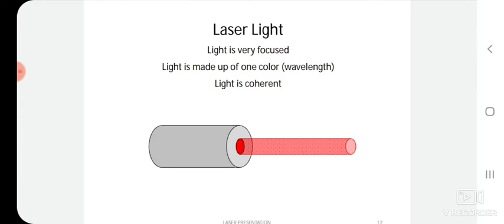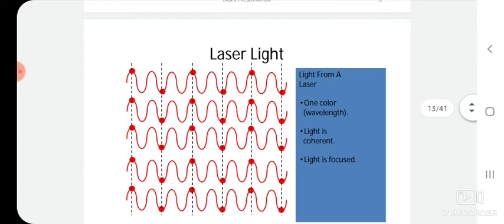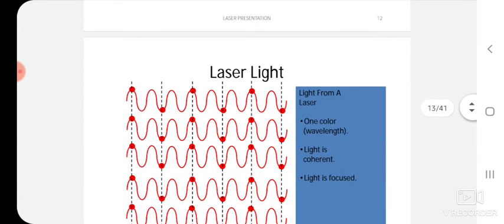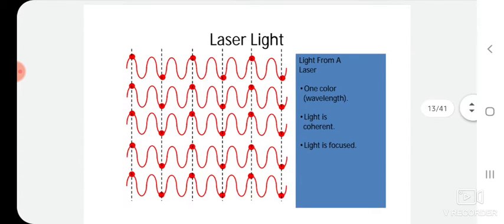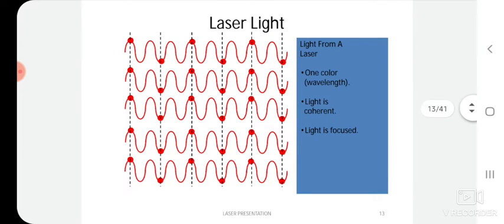And the next point, in case of laser light, it has only one wavelength, and it is a coherent source, and all light is focused on a single point.